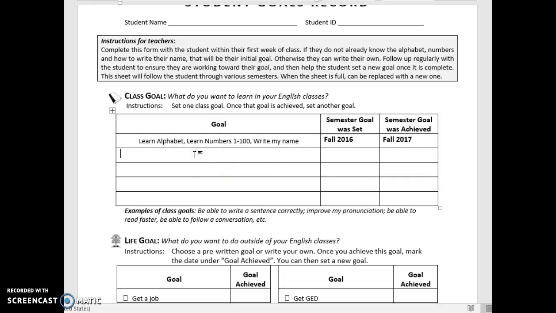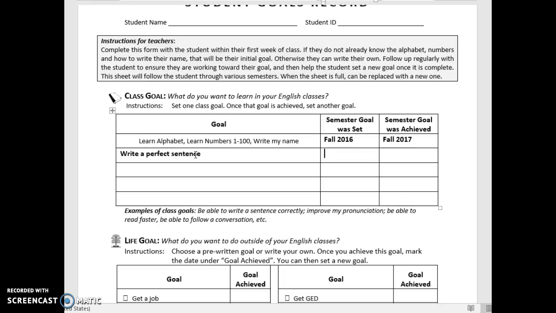So the student ideally would be writing the goal that they have on this paper. So you can discuss with your students and they can figure out what it is they want to focus on and what they need to learn. And so maybe the goal that they have is to be able to write a perfect sentence. If that is a goal that the student has, then that's great, and you can help them work towards achieving that.